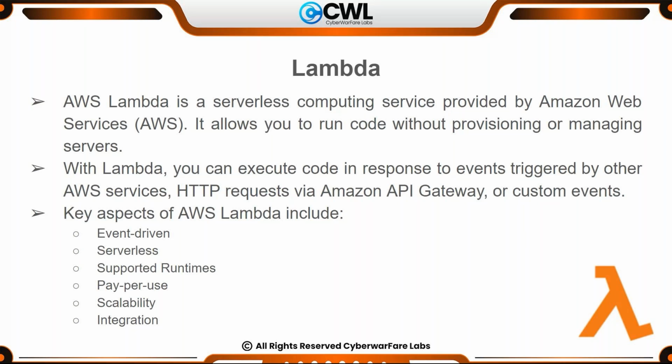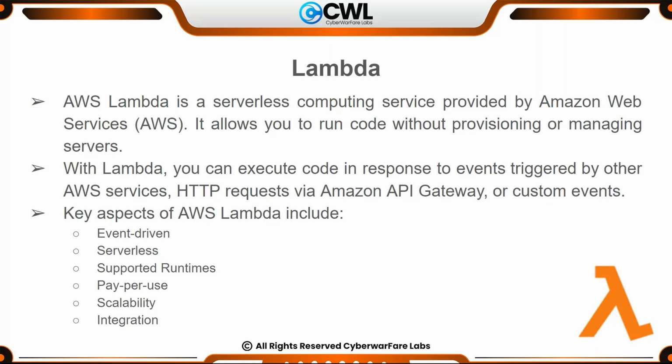AWS Lambda enables developers to build scalable, event-driven applications with minimal operational overhead, making it a powerful tool for building modern cloud-native applications. So these are all the services we will be conducting reconnaissance on using various tools and techniques.